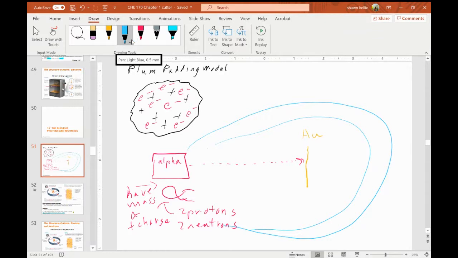All right, so expecting to play tennis with alpha particles and gold foil, the graduate student goes to the basement and conducts this experiment. And what the graduate student finds is that instead of all these particles just deflecting off that gold foil, the majority go straight through.